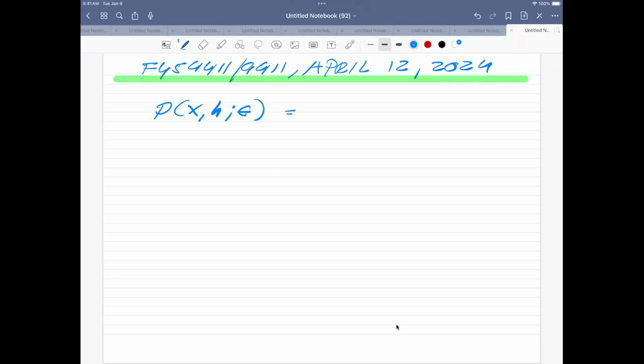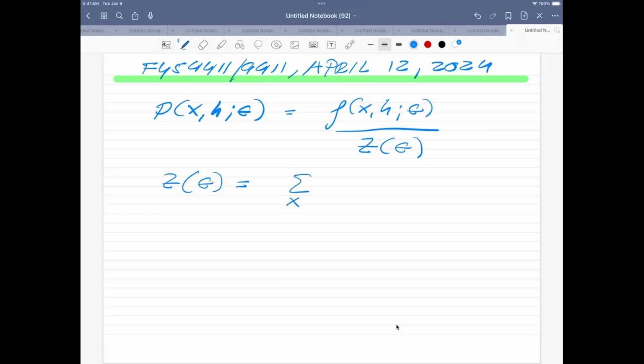And this is now given by a function f of x, h, theta, divided by the normalization constant, where we have summed over all these parameters x and h. So Z here depends on the parameters you want to optimize. So that means that Z is now the sum over x and the sum over the h's of this function f of x, h, theta.